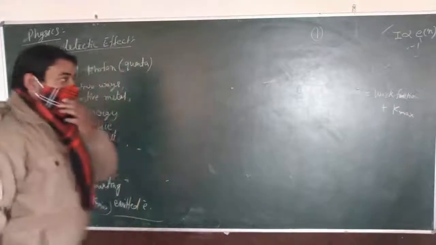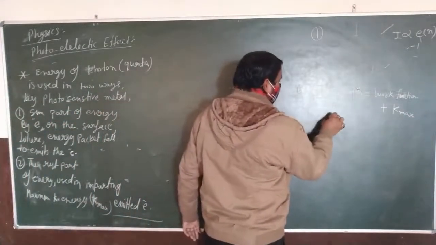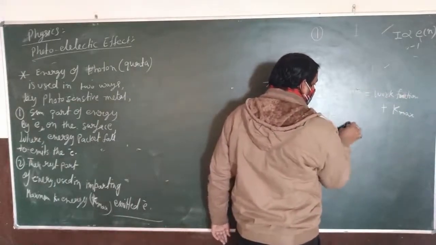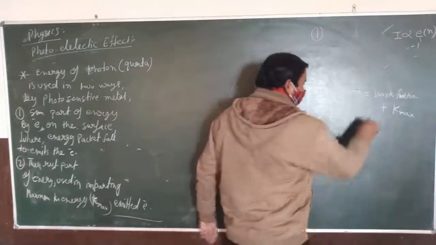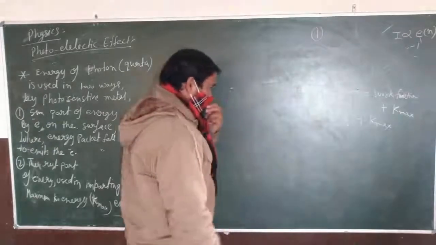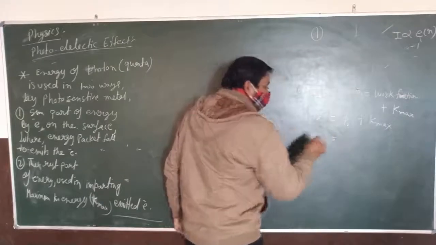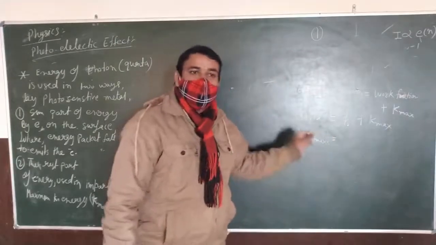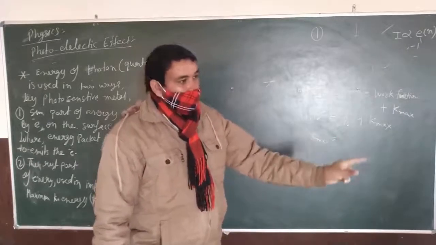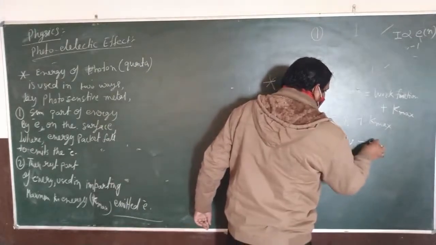Now the energy of the photon is h nu, which is equal to the work function, as we discussed in the previous class, phi naught, plus the maximum kinetic energy. Therefore the kinetic energy gained by the emitted electron after transmitting the total energy of the quanta to the electron on the metal surface is equal to h nu minus phi naught.